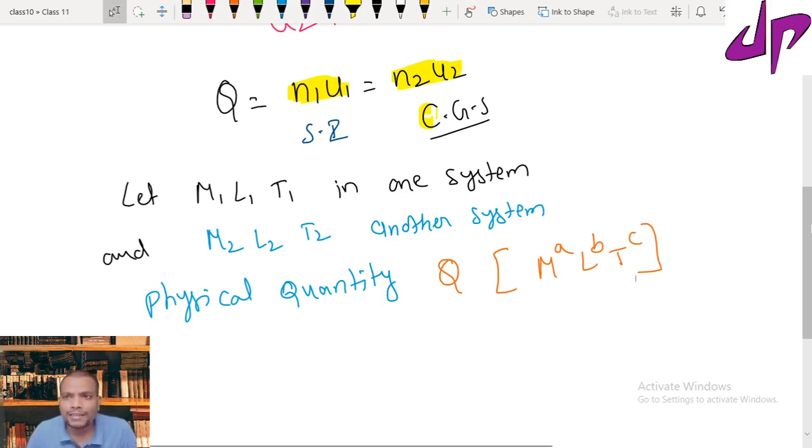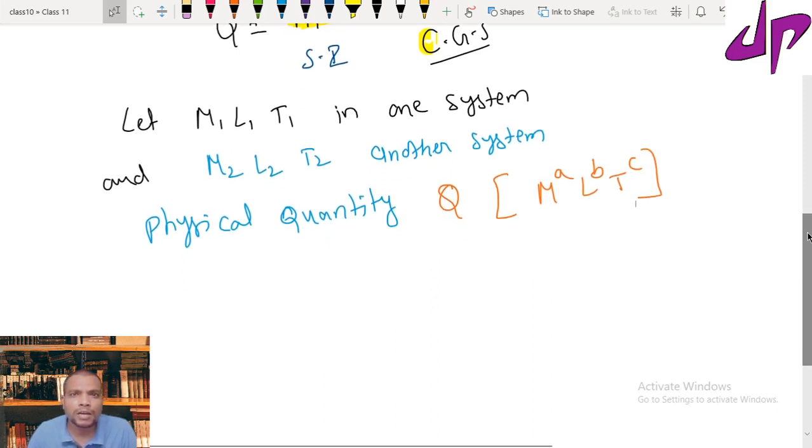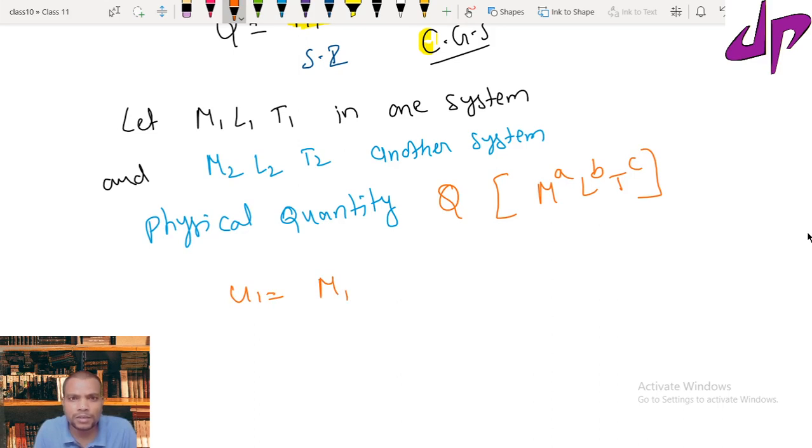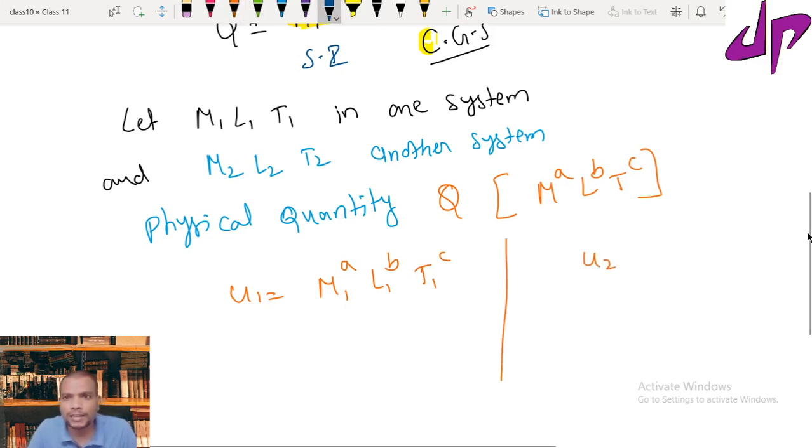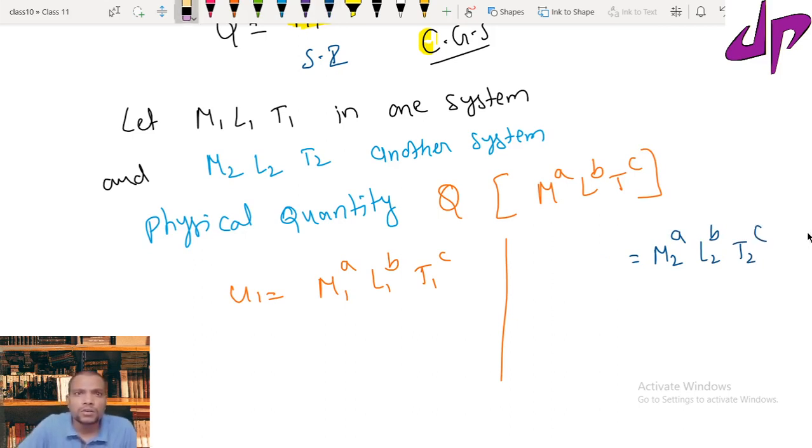Now I can write this dimensional formula for each system of units. I can write U1 equals M1 power A, L1 power B, and T1 power C, and U2 equals M2 power A, L2 power B, and T2 power C. This is the unit in the other system of units, U2.